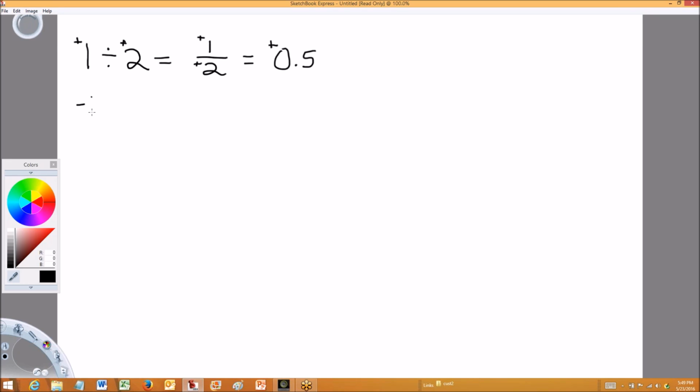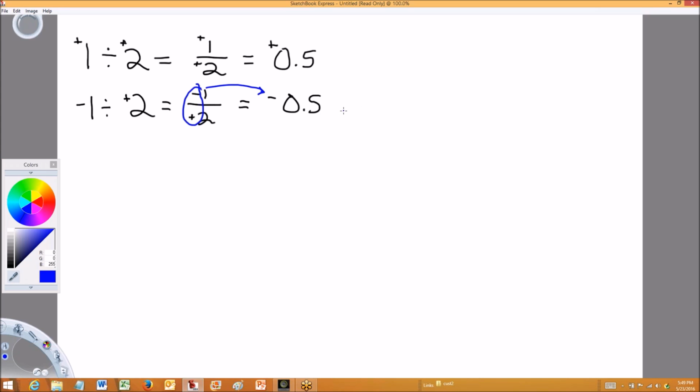If we have a -1 divided by a positive 2, we can rewrite it, -1 over a positive 2, and that is actually a -1/2, because a negative divided by a positive is a negative.